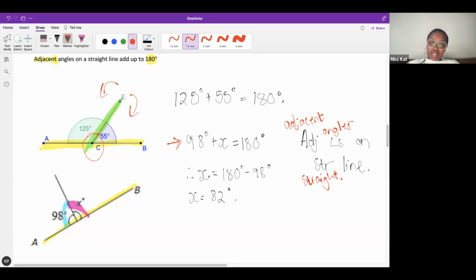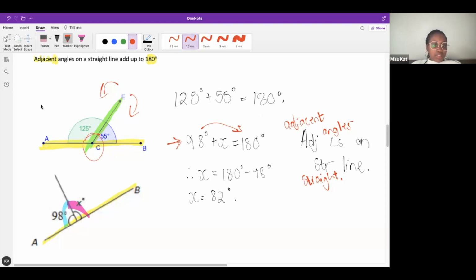So after that, we want to solve for X. So we need this X to be on its own. So I took this 98 and I took it over the equal sign. I just put it over next to the X. So that's why it became negative 98. And then you subtract them and it will be 82 degrees. There we go. The first diagram was just explanation. Okay.